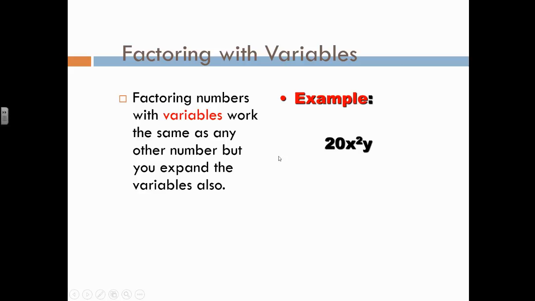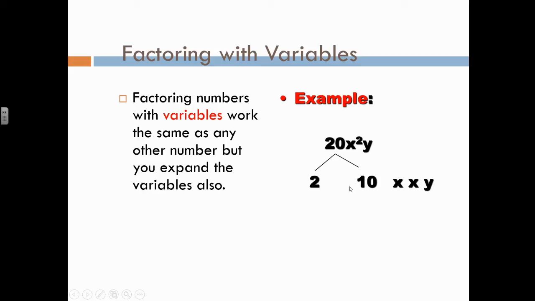So let's break this guy down exactly like we did before. Right? 20 breaks down into 2 times 10, but x squared y, that's two factors of x, and x times another x in multiplicative form times a y.